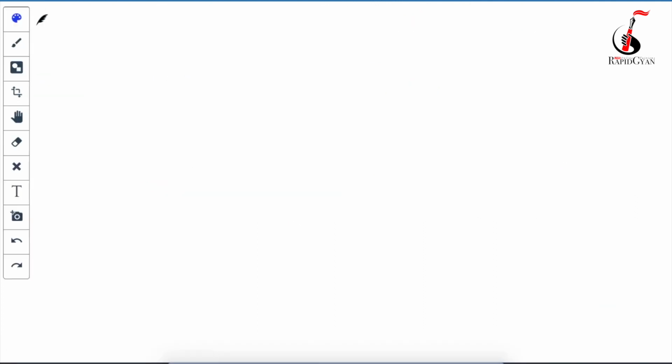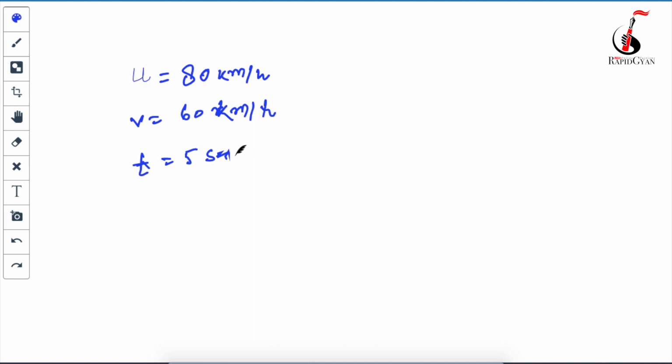What they are saying, 80 km per hour means u is equal to 80 km per hour, and v is equal to 60 km per hour. Okay, and what was the time given? Time was given 5 seconds. So how are you going to solve this?